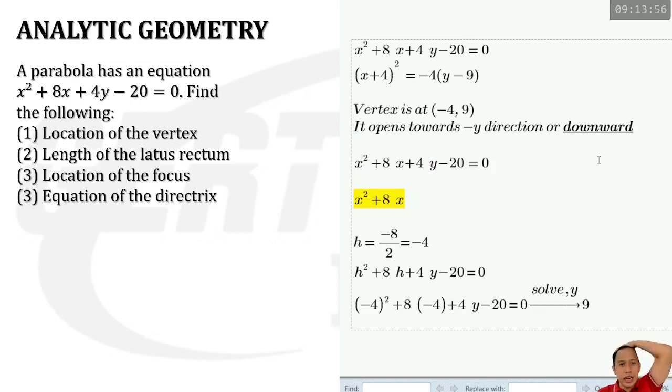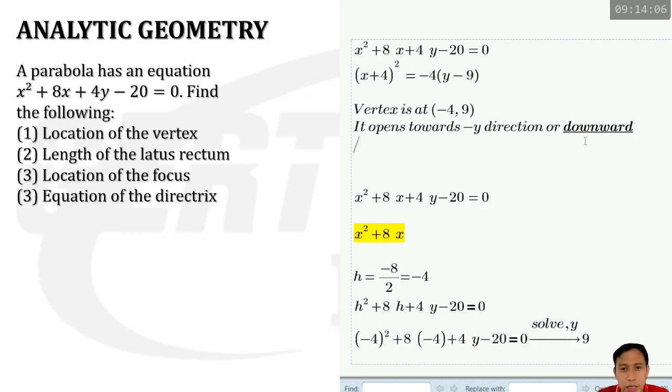Now, the directrix. We already got the vertex, at negative 4, 9. And it opens downward, so the directrix should be above, over the parabola.